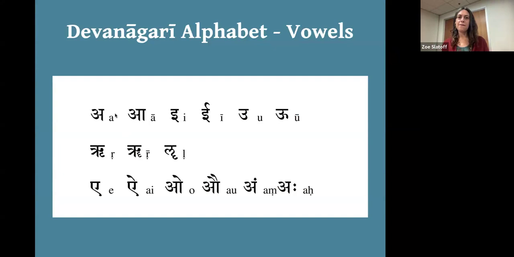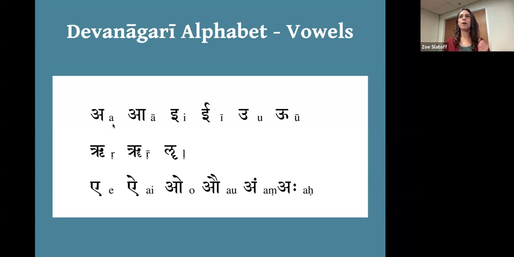And I'm just going to give a very basic intro to the Sanskrit alphabet to perhaps intrigue those who have not yet studied Sanskrit. But the main thing I want to draw your attention to, these are the vowels, is these letters with a line over them.